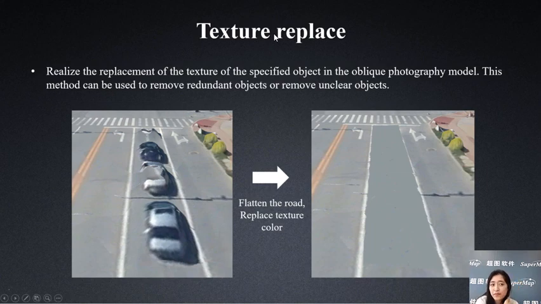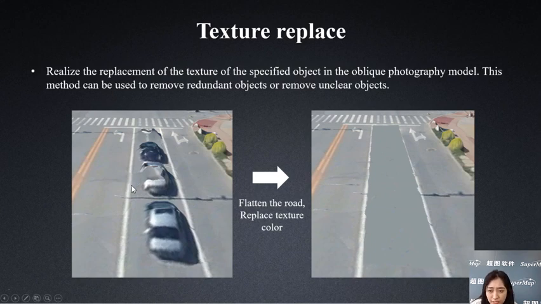Okay, and then there also is a function named texture replace. The oblique photography technique is not very effective in modeling small scale features such as street lights and cars, and these features often appear broken, suspended, and protruding in the oblique model.